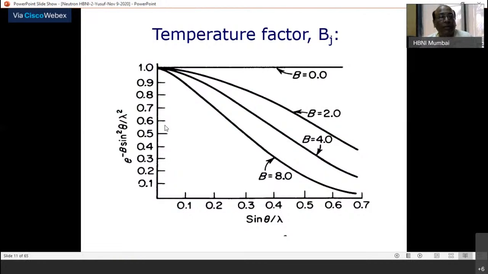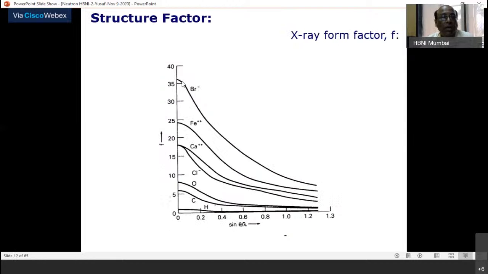So I go here. As you see, for the X-ray case, if you take Fe2+, at forward scattering, 2 theta equal to 0, that is the maximum form factor. Then as you go to higher and higher angle, this form factor decays. And this form factor is a multiplicity factor in your structure factor.